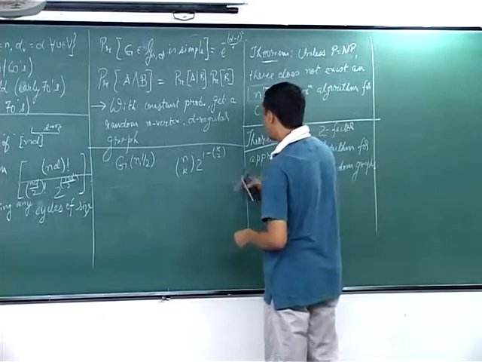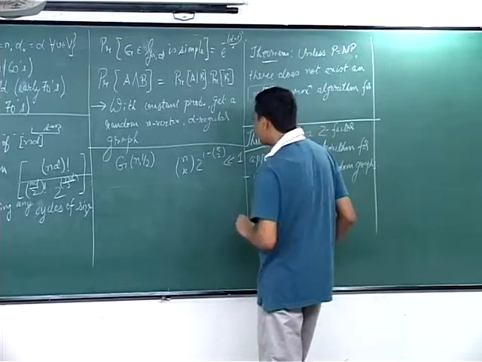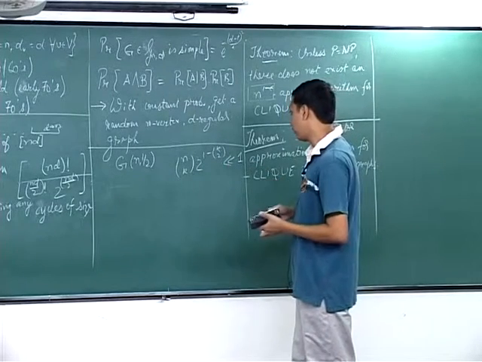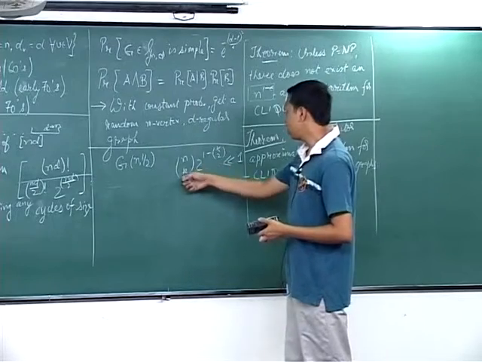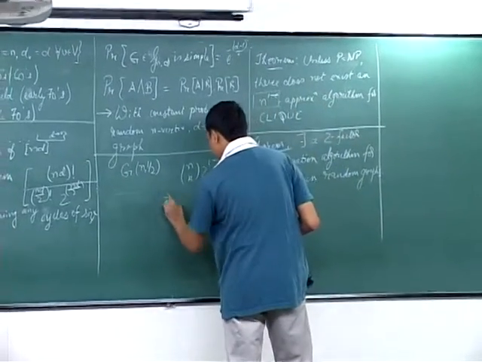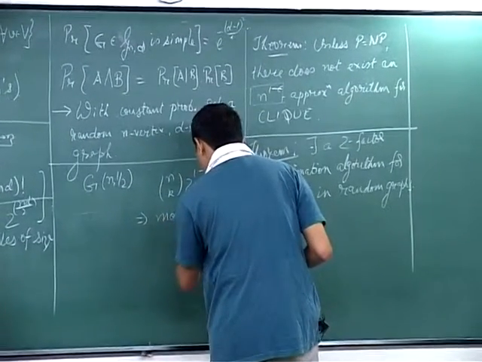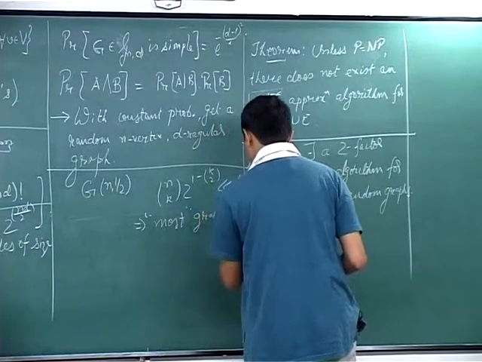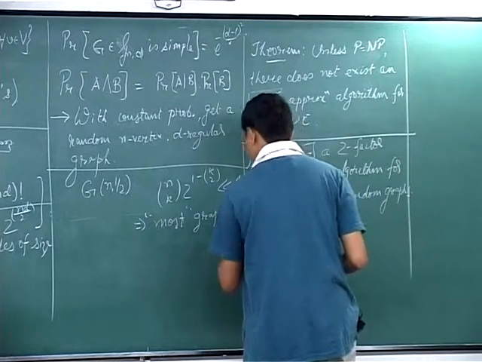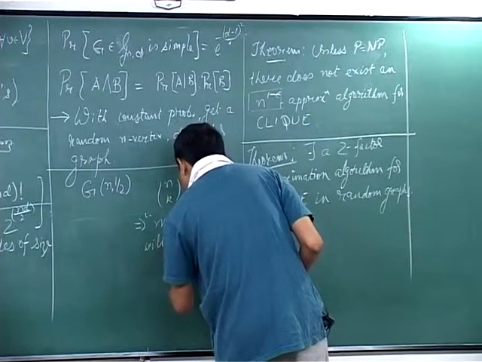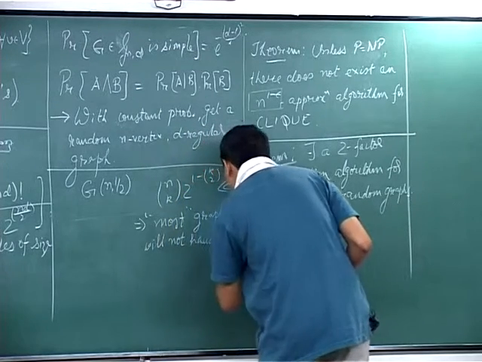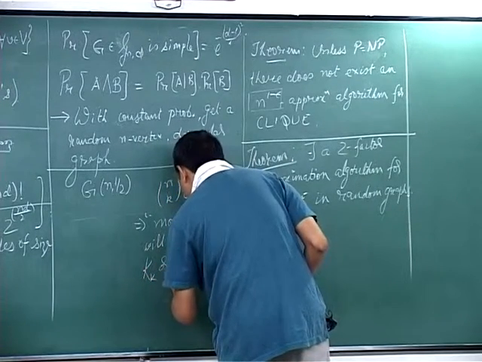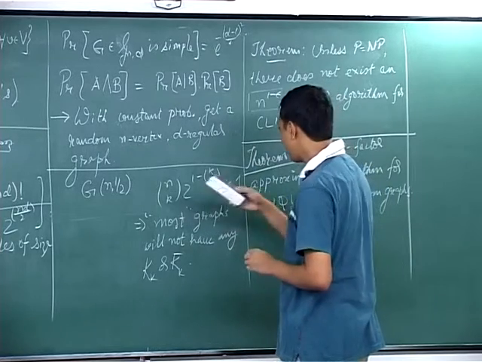When this expected number is much less than 1, then you can say that most graphs, or random graphs, will not have a copy of it for this value of k.